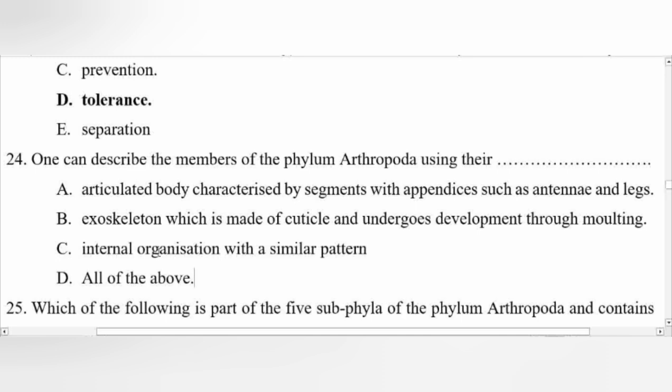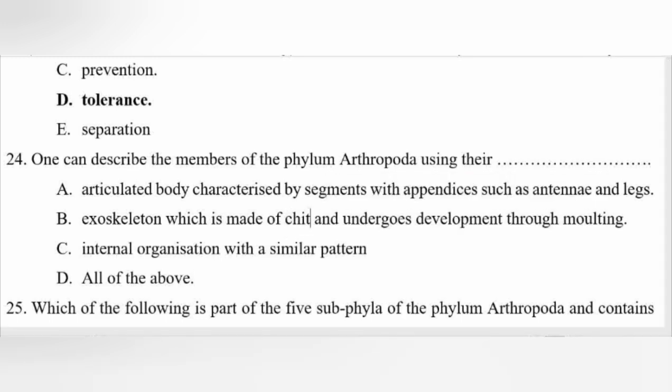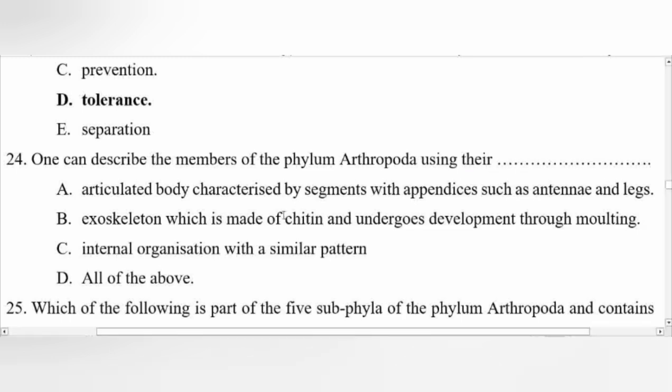The exoskeleton is made up of chitin, so I think we should rather use the word chitin in this question. It is possible that's what I meant. So the exoskeleton, which is made up of chitin and undergoes development through molting.